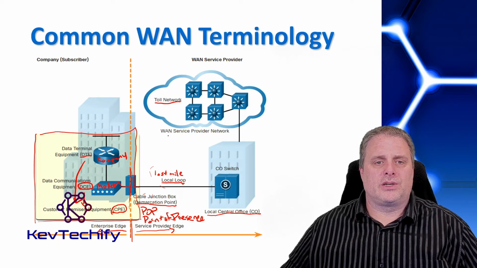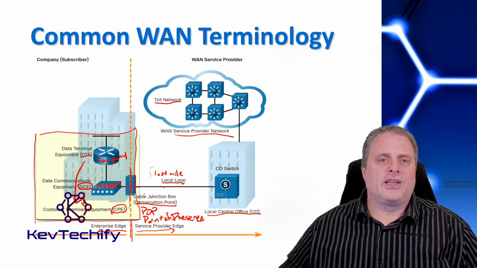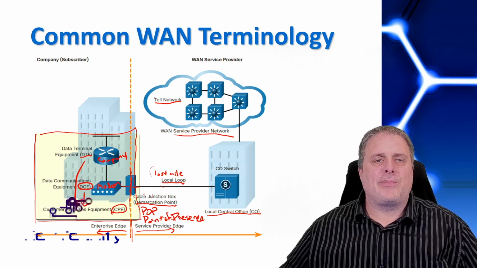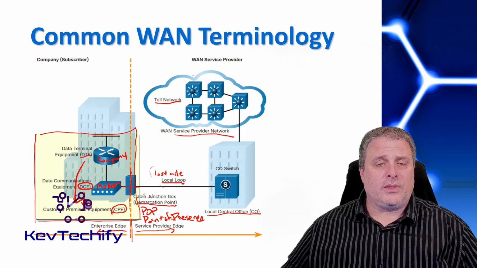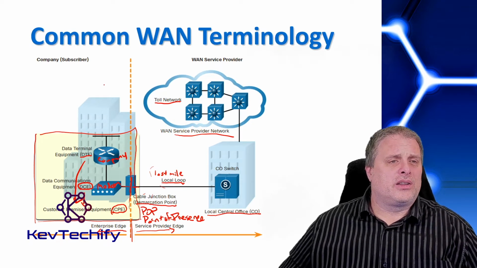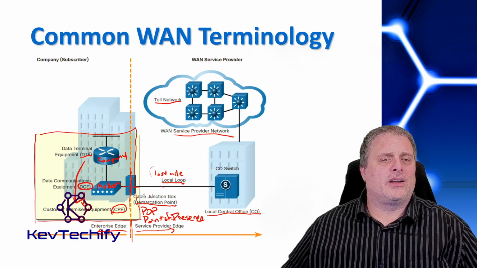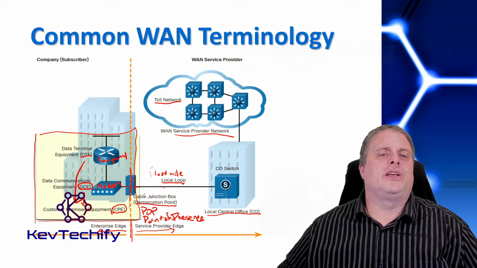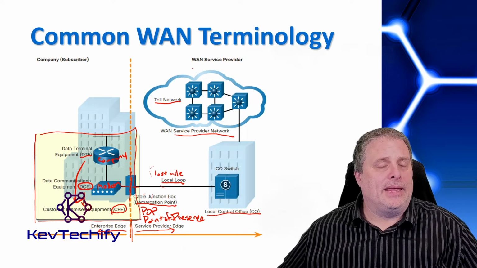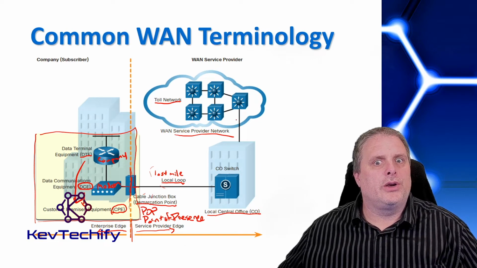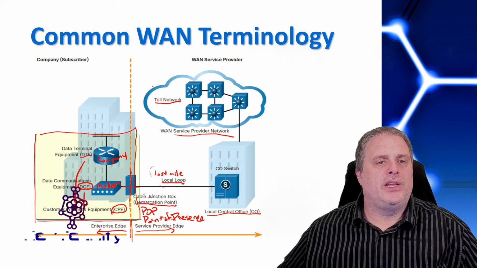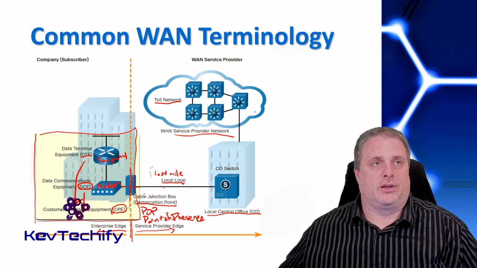And so this is your service provider network. What we're looking at is this toll network, everything that happens up here in the cloud. And once again, if you are this company over here and you're looking to get an internet provider, you're not necessarily going to be concerned with exactly what's happening in the cloud here, just as long as you get your connection and your connection meets your service level agreement.